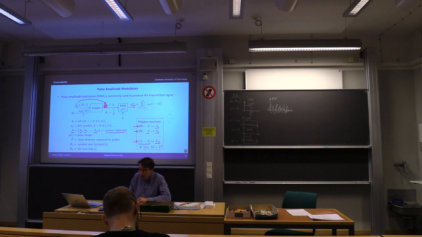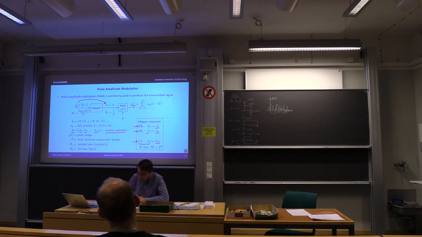And then this symbol or amplitude is transmitted over the signal in the following form. We take the kth amplitude, where k is a time index, just as i is a time index. If we take a block of bits and produce an amplitude, this is further mapped to a pulse.